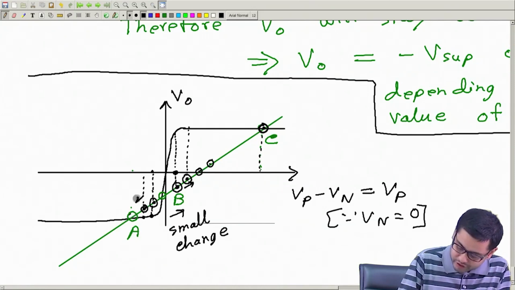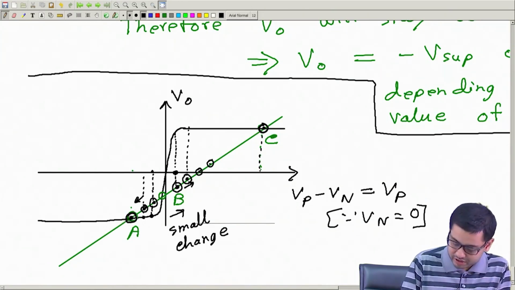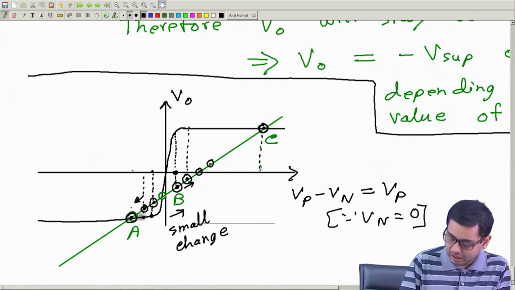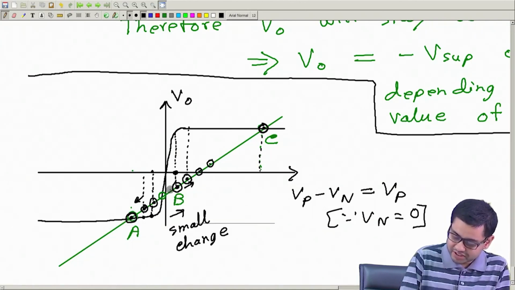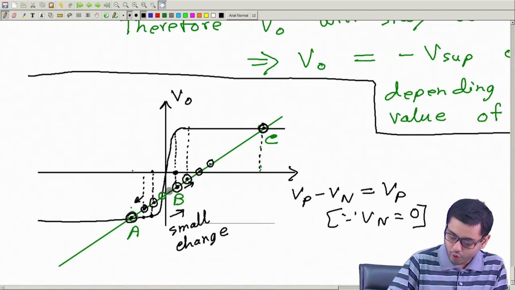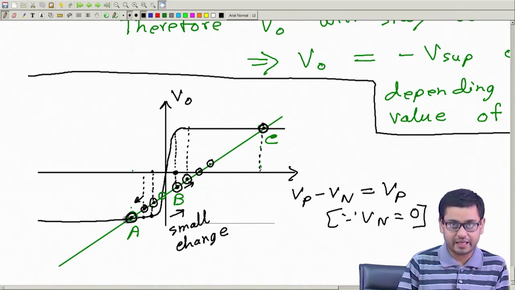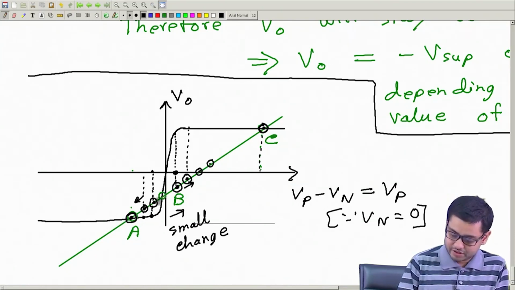I will keep moving like this until I come to point A, where the op amp will be happy again, because now this point lies on the static characteristic of the op amp. So if I move slightly towards the right or slightly towards the left, I will hit point C, or in the opposite direction hit point A. So this point B is unstable.